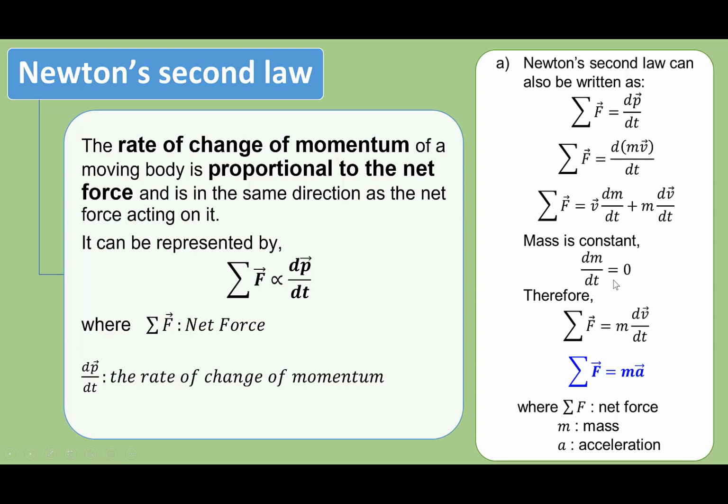Assuming that dm/dt is 0, we just have summation of net force equals mass times dv/dt. And we know that acceleration equals the rate of change of velocity. So finally, we get that summation of net force equals mass times acceleration.